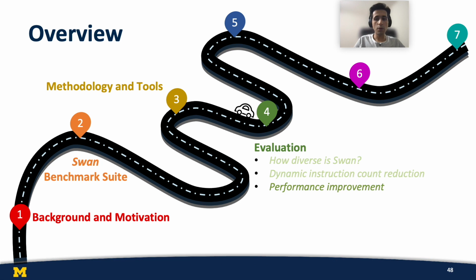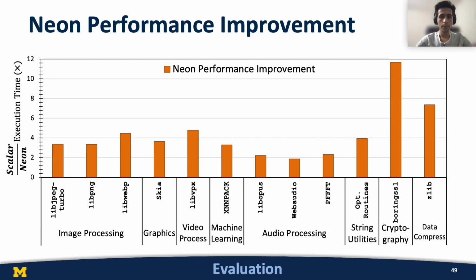Now that we know what affects Neon's ability to reduce the number of instructions, let's see how Neon enhances the performance. We compare the performance improvement of vector processing in this chart. Compared to the scalar implementation, Neon reduces the execution time from 1.8 times for the web audio library to 11.6 times in the BoringSSL library.